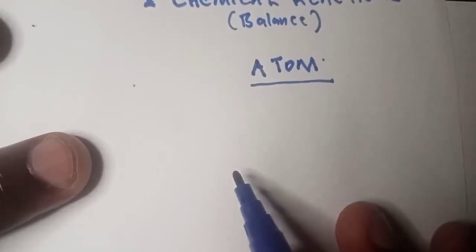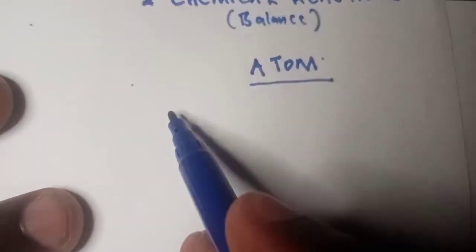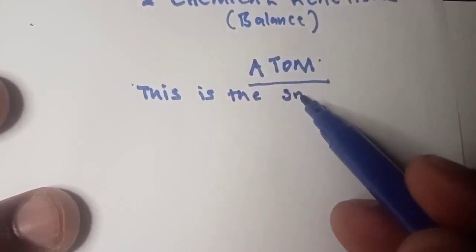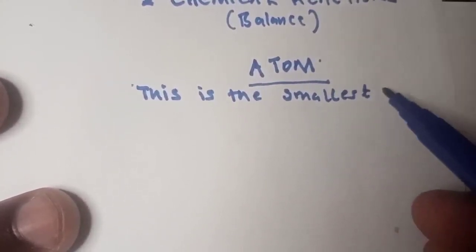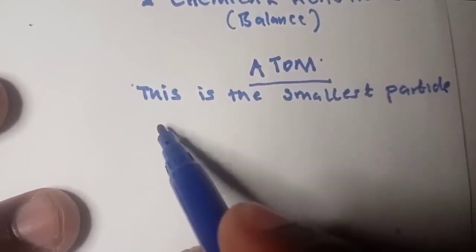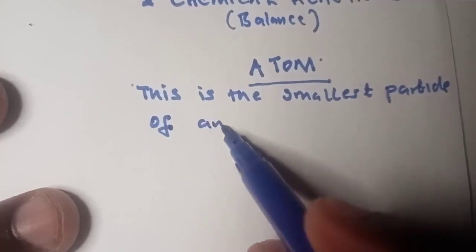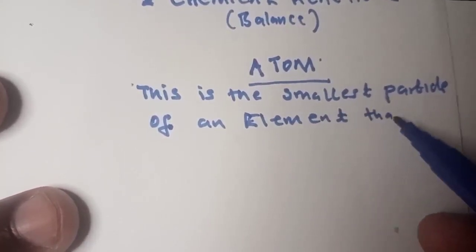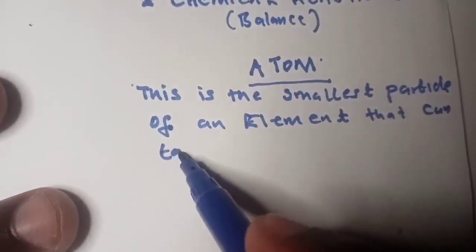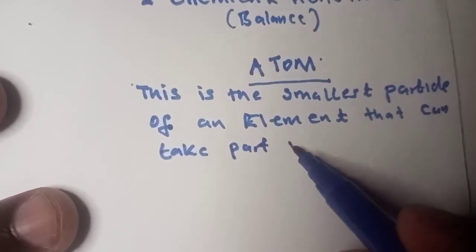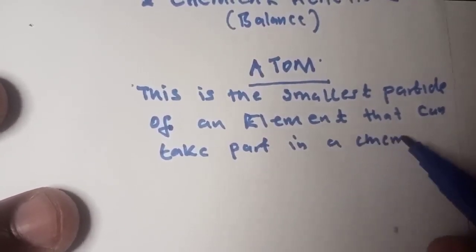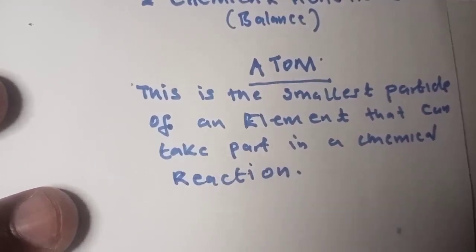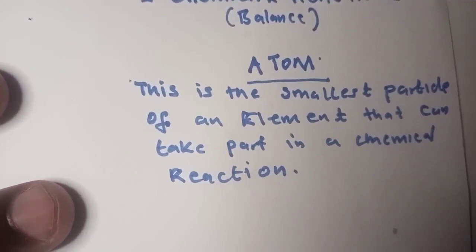An atom, by definition, is the smallest particle of an element that can take part in a chemical reaction. So that is the definition for an atom.